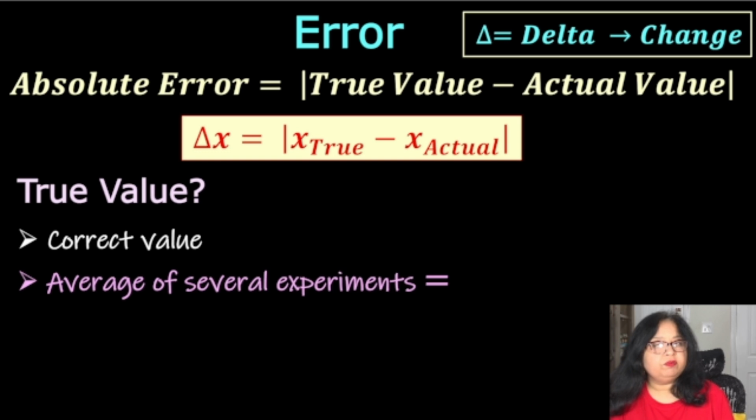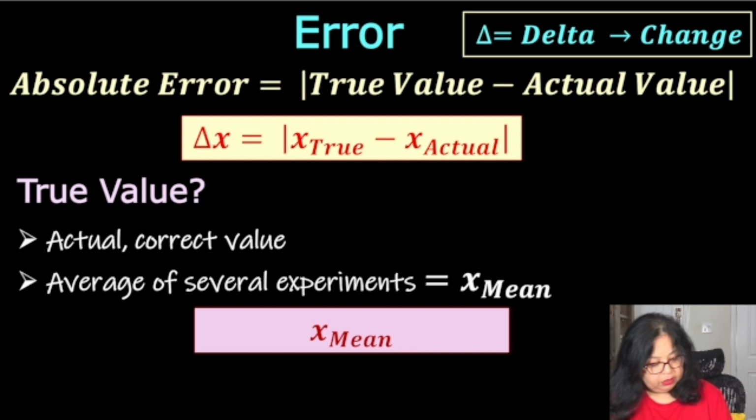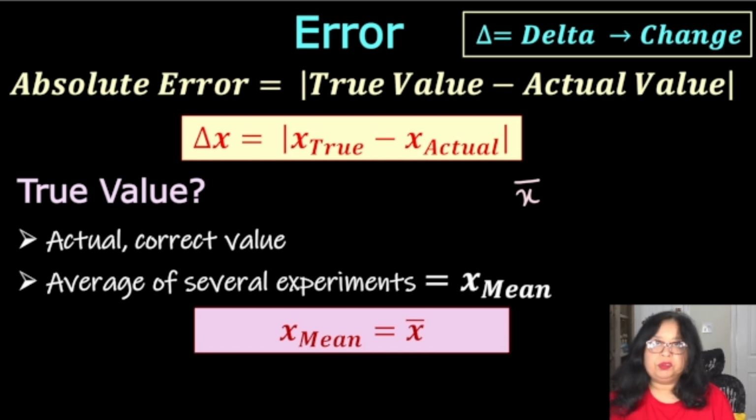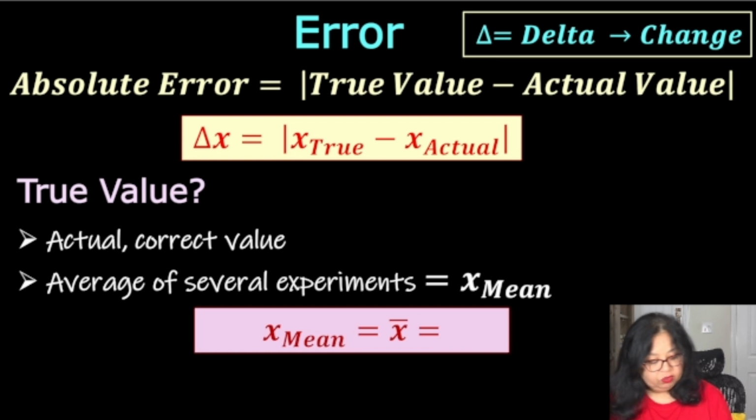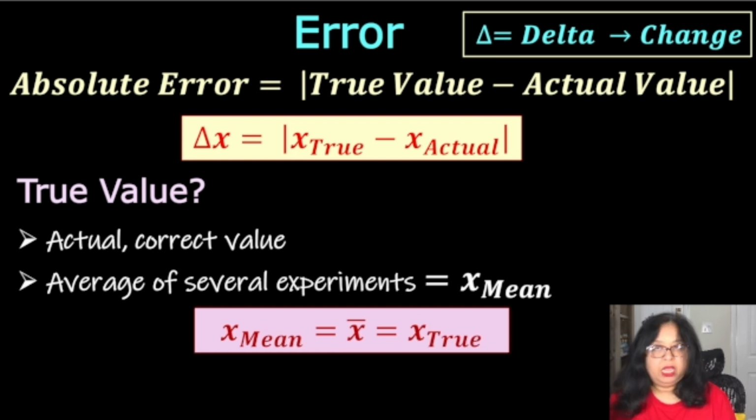True value is found by calculating the average of several experiments. It is referred to as x mean. X is the quantity being measured. X mean is equal to x bar. So whenever you put this bar over a physical quantity, this bar represents average. Average is also called the mean. And we're going to call this the true value.